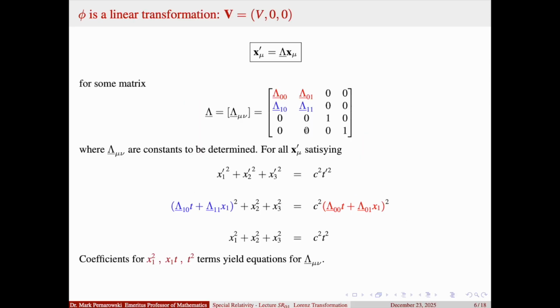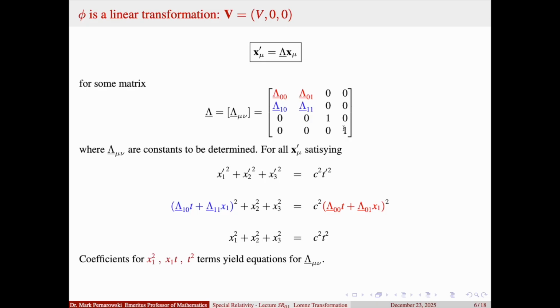Let's start. Okay, so the velocity of the inertial frames will be in the x1 coordinate. And we know that it's a linear transformation between the space-time coordinates in K and the space-time coordinates in K prime. Since it's linear, there must be some matrix that defines the transformation. This matrix, we know a fair amount about at the start, namely that because the velocity is in the x1 direction, the x2 and x3 components will not be affected.